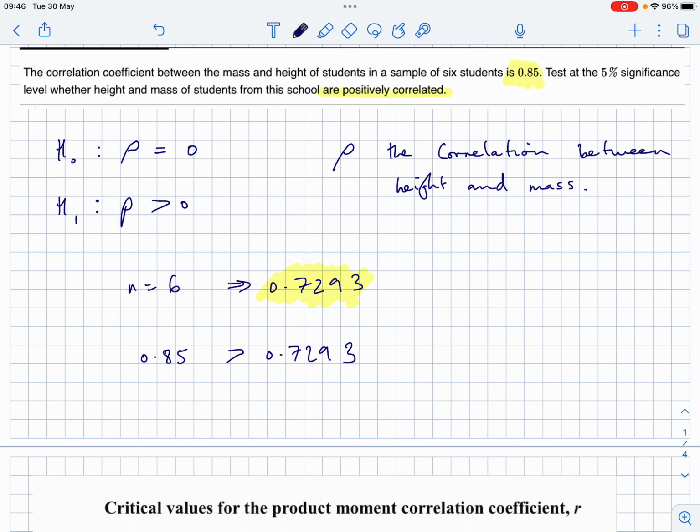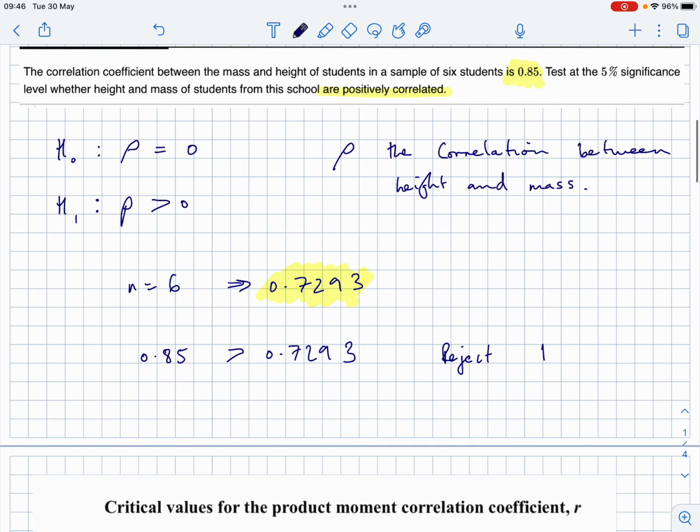So our conclusion is that we're going to reject H0, accept H1.